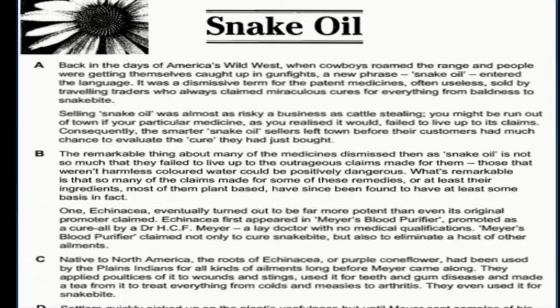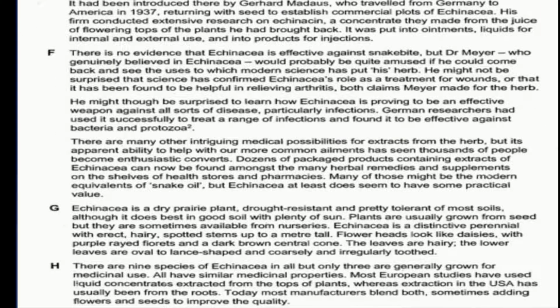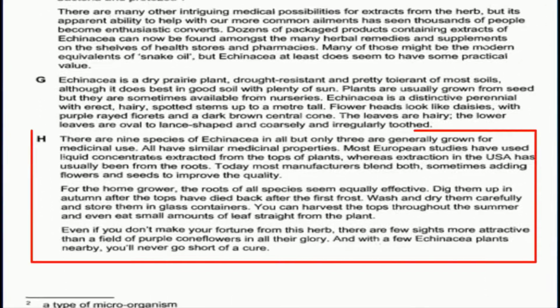And let's look at the last section, which is section H. Though the section begins with the species of echinacea and the fact that they all have similar medicinal properties, the main emphasis of that section is what we really make use of in the echinacea plant itself.